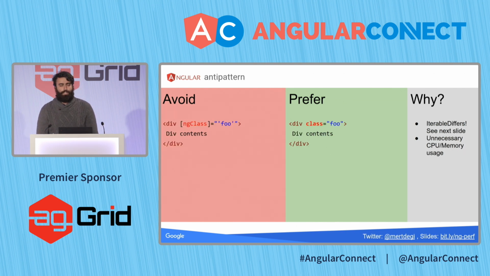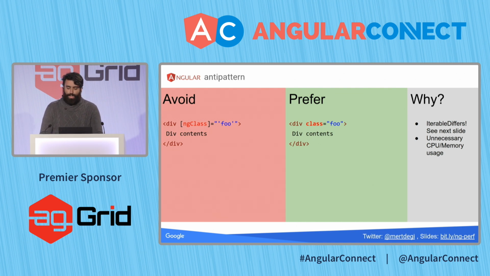Another anti-pattern I'd like to talk about is usage of built-in Angular directives when it's not necessary. So for example, in the code on the left side, you see ngClass with a binding that's hard-coded.